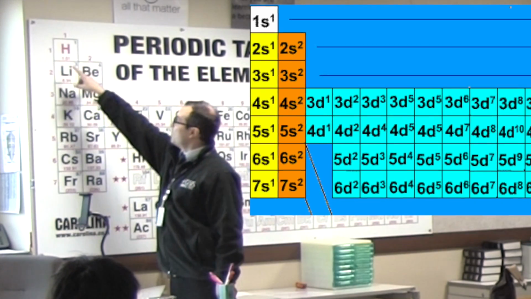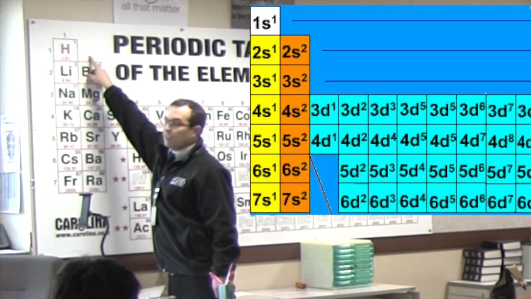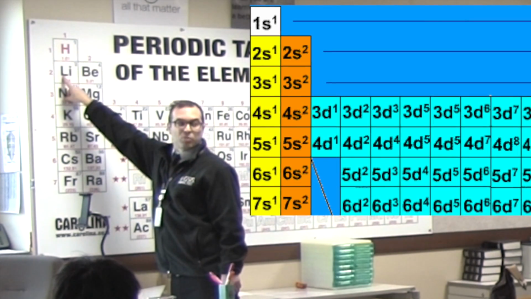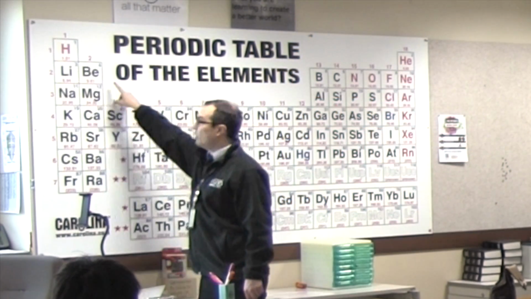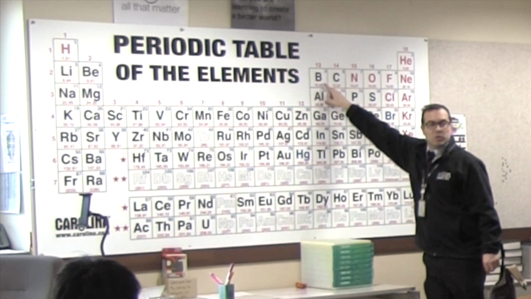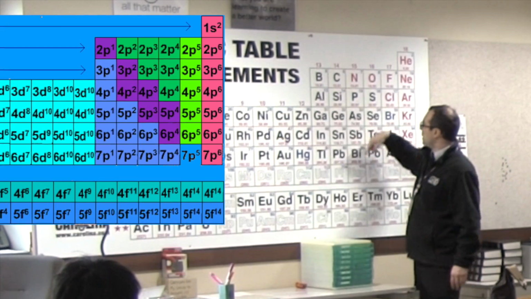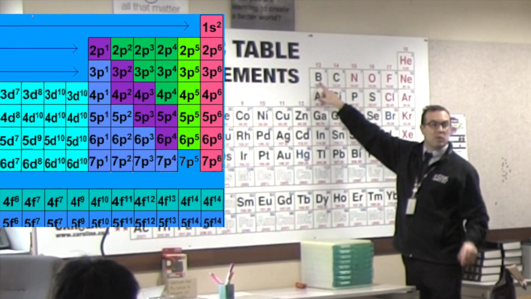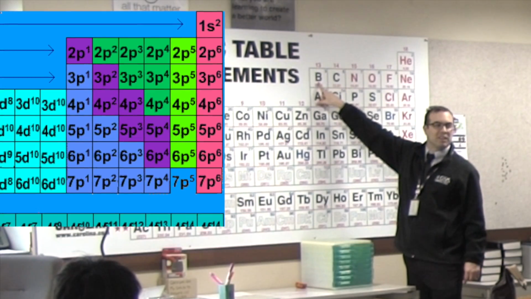We could go 1s1, 1s2, 2s1, 2s2, and then after 2s2, what happens? P. We get 2, because it's period 2, and then the P block, and then 1 electron in there, so it becomes 2p1.